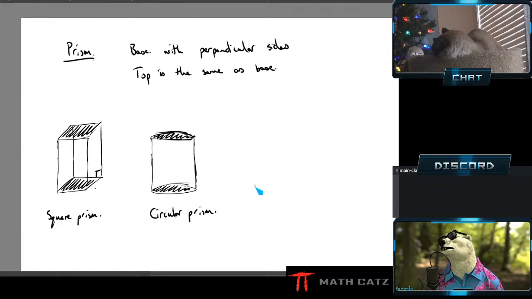But of course, I can be much fancier, right? I can make this base any polygon, really. Now we can keep that base polygon nice and regular, and we don't have any significant problems, because in our semi-regular polyhedra groupings, one of those groups was regular prisms, where the base could be any regular polygon.